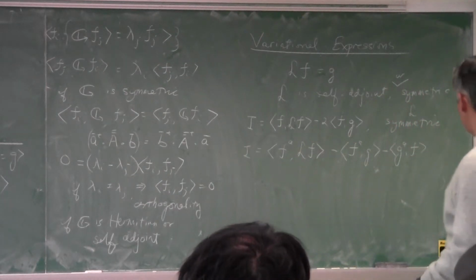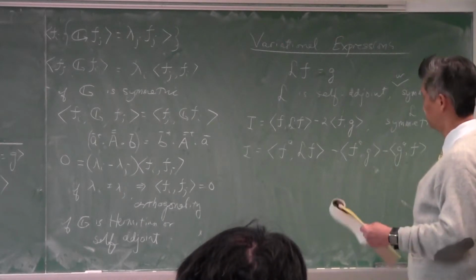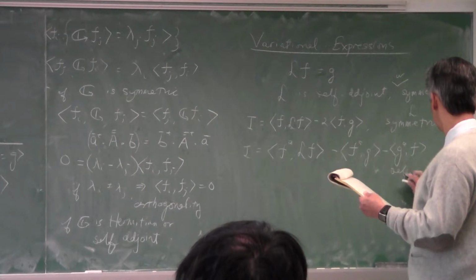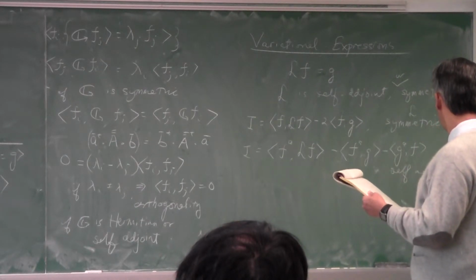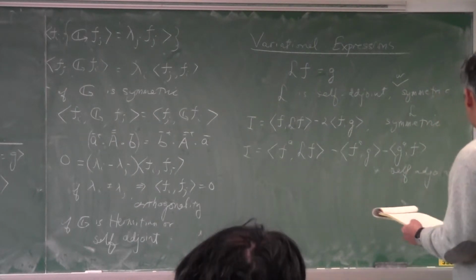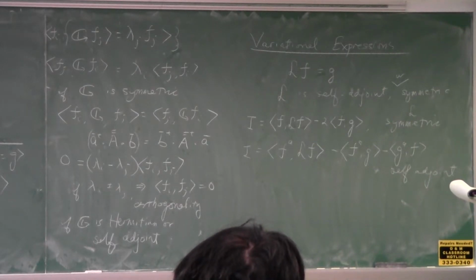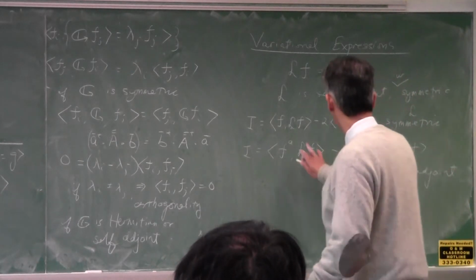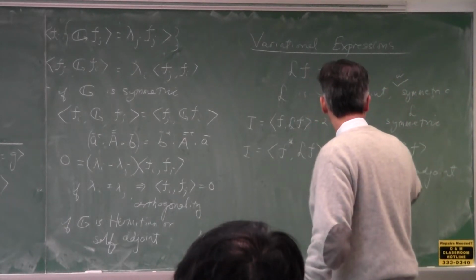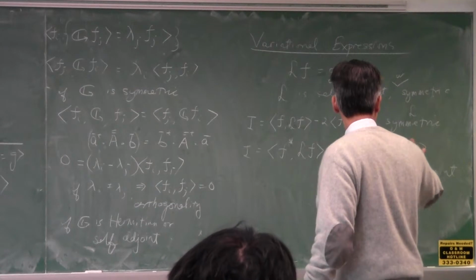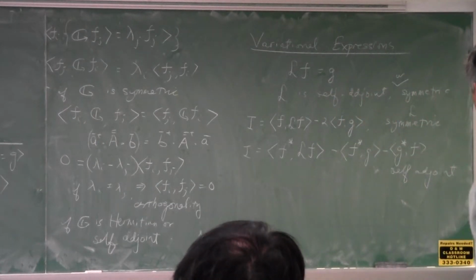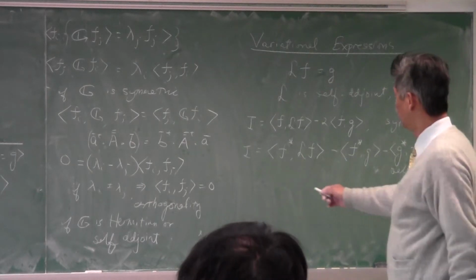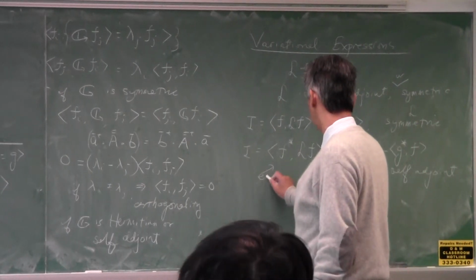And we can show that this is the case for a self-adjoint problem. Okay, sorry, this should be complex. For a self-adjoint problem, we can show that this is actually using energy inner product.